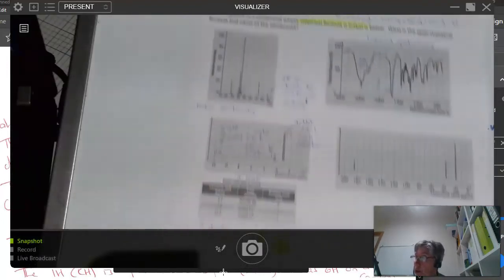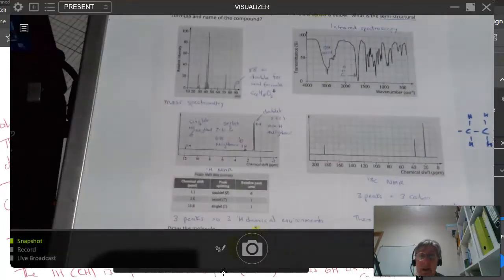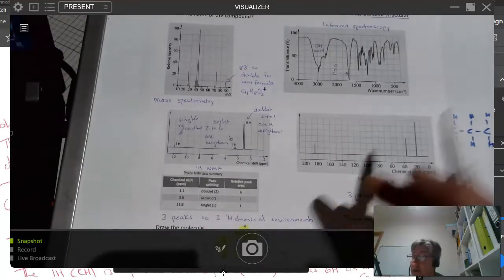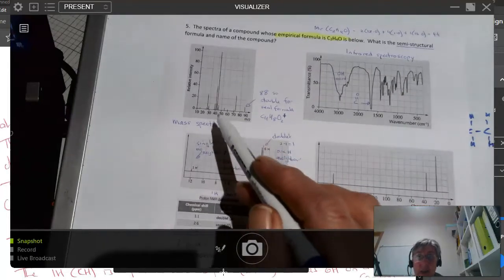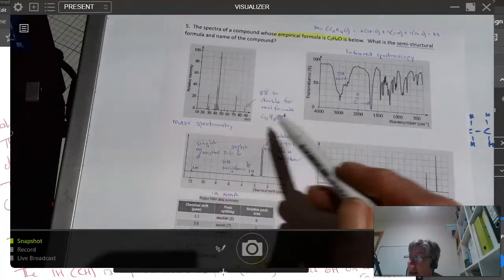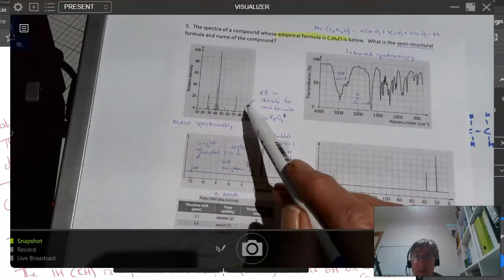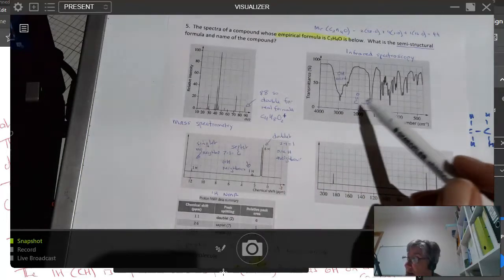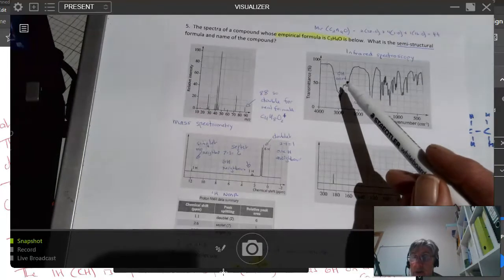Alright, so how do we know it's this molecule? What's the evidence? The first bit of evidence is the mass spec. We could break the mass spec up and look at the fragments, but really the main reason that you look at that is to see how big the molecule is. The IR is the next one that you would look at, and that will tell you some of the functional groups.